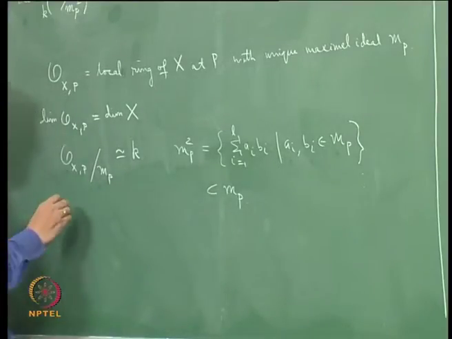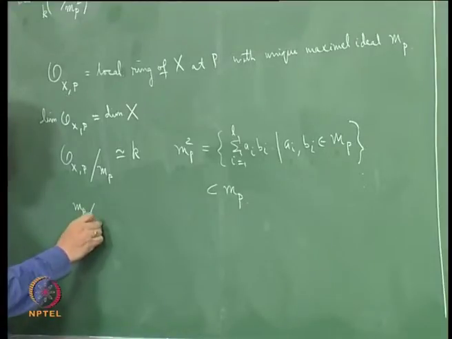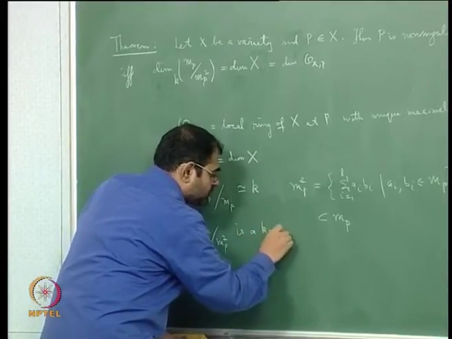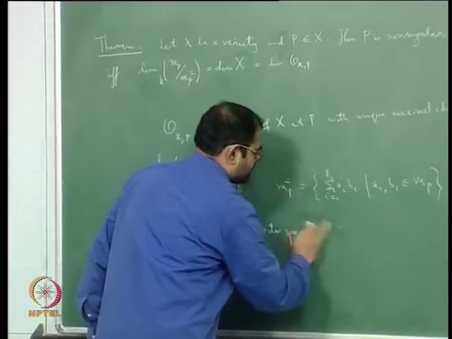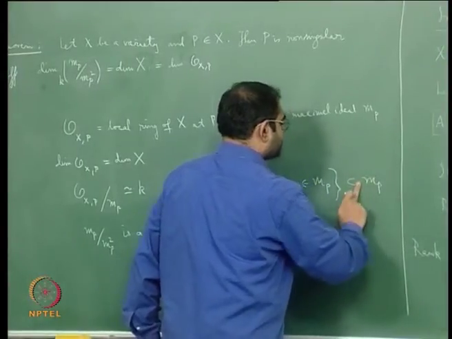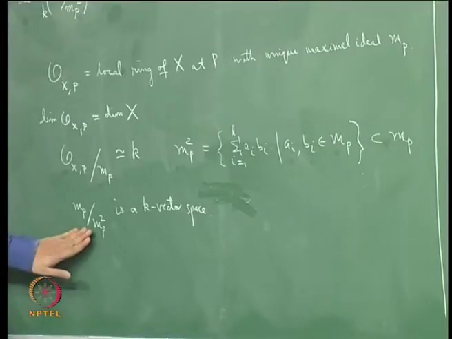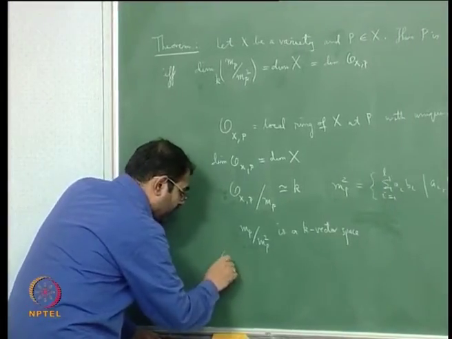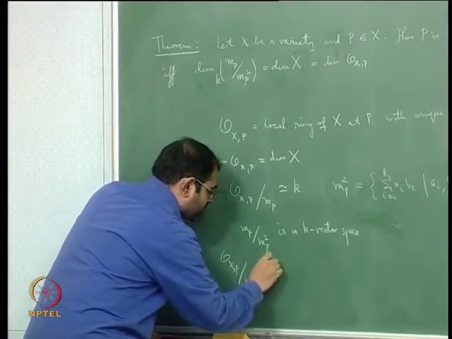But the point is that if you look at MP mod MP squared, okay, this is a K vector space, and it is a K vector space just because of this fact, because O mod M is K. So it is a module over K. Well, in fact, you take OXP modulo MP, you can define a scalar multiplication like this.